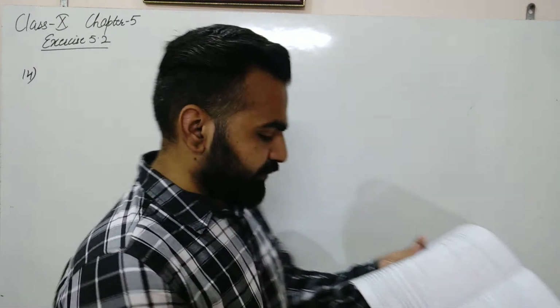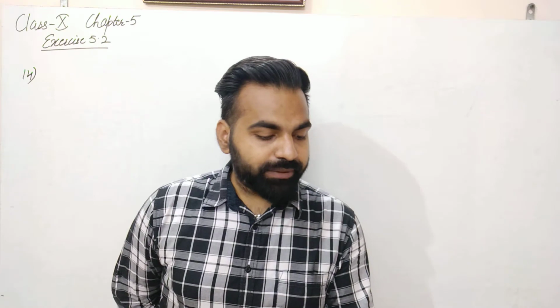Next question, question number 14. This is very much similar to question number 13 with a slight difference in the language. How many multiples of 4 lie between 10 and 250? So that is similar to how many 3 digit numbers are divisible by 7.